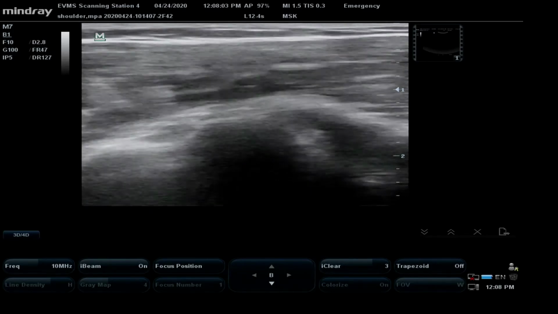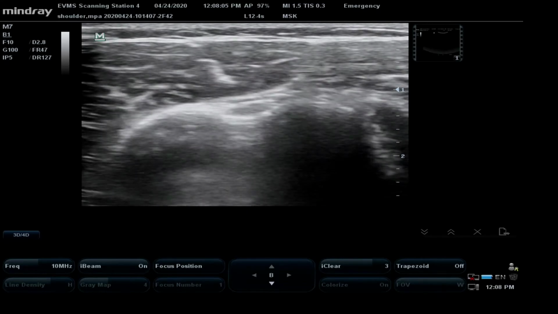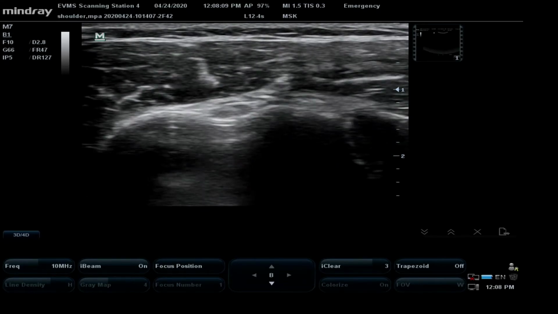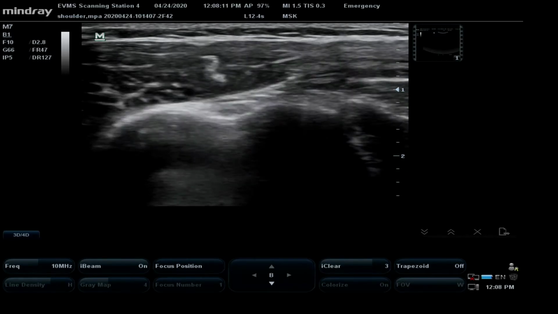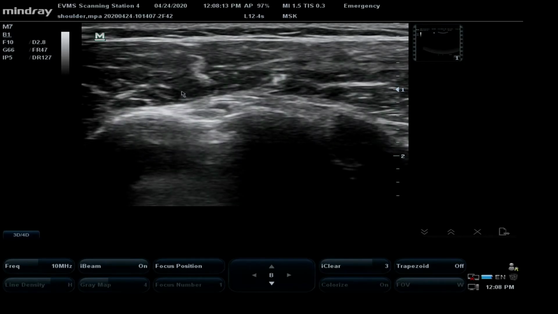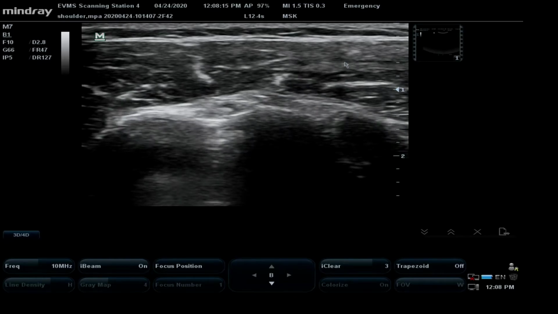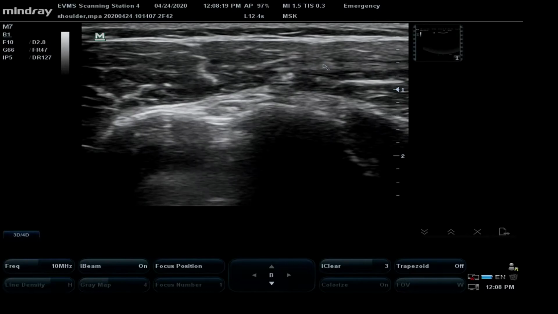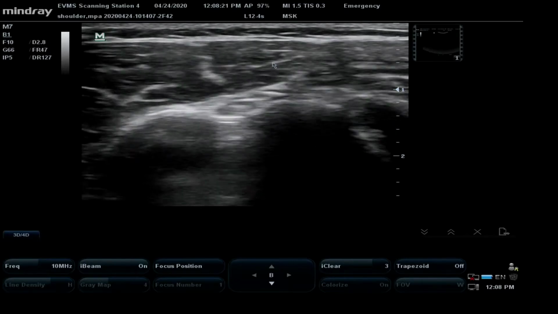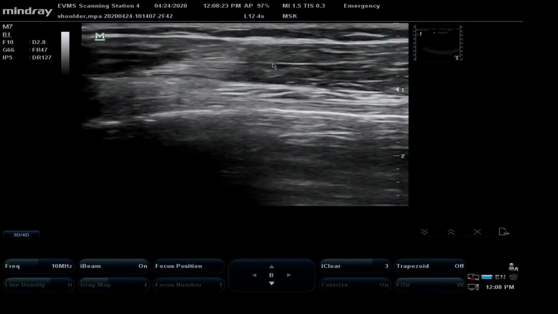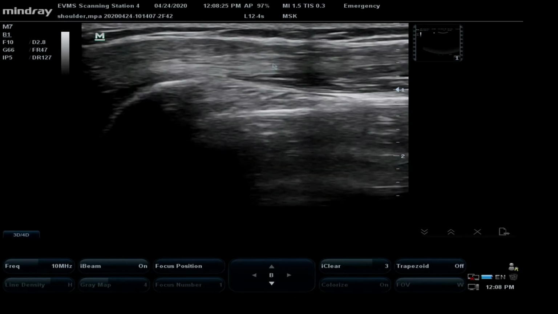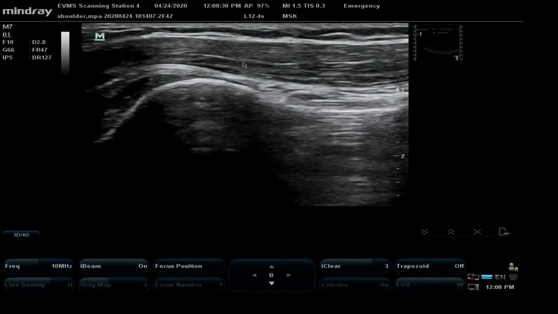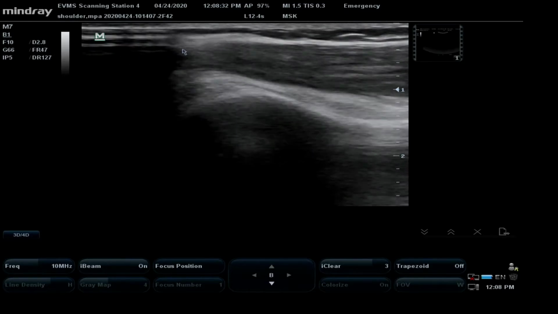So as we look at this shoulder, I'm just going to turn down my gains a little bit here, and I'll put on my cursor. We can see the overlying tissue of the deltoid. Now this deltoid is more in a transverse cut. If I turn long on its fibers, you can see the typical long axis appearance of the deltoid here.